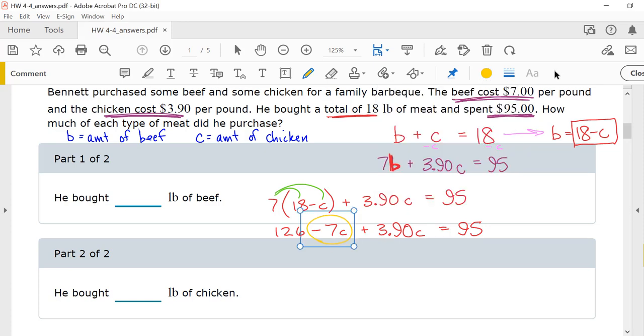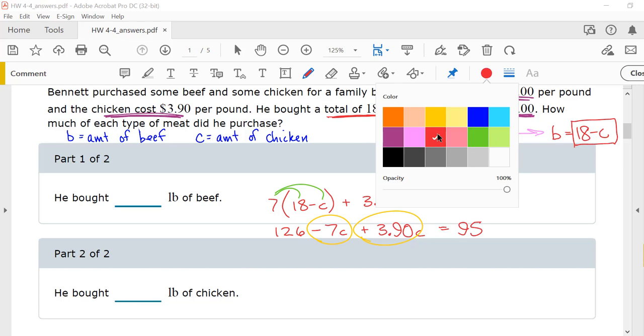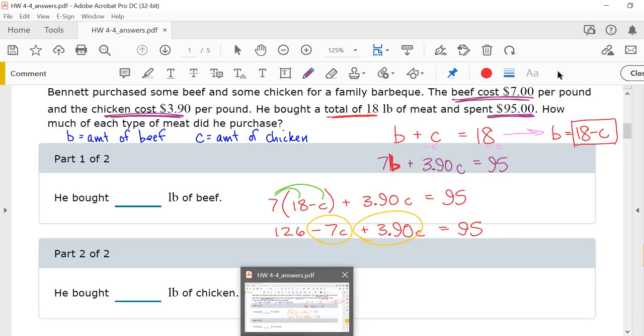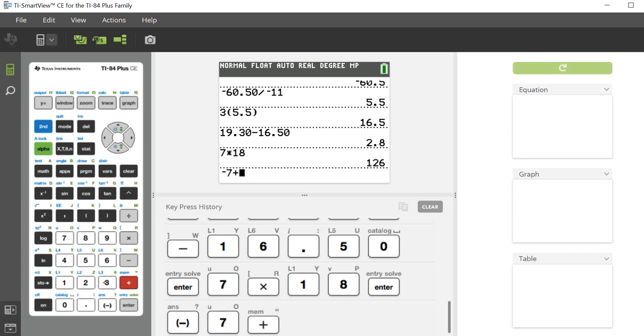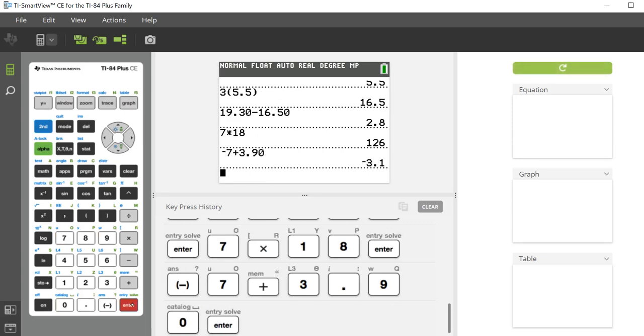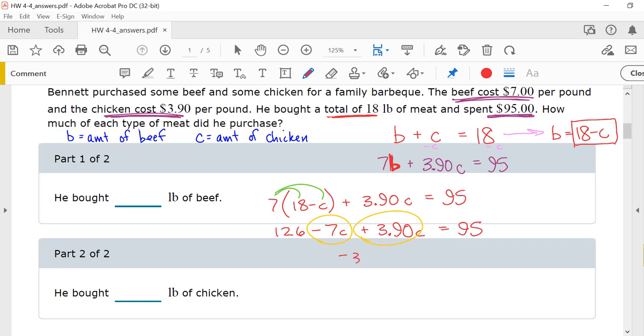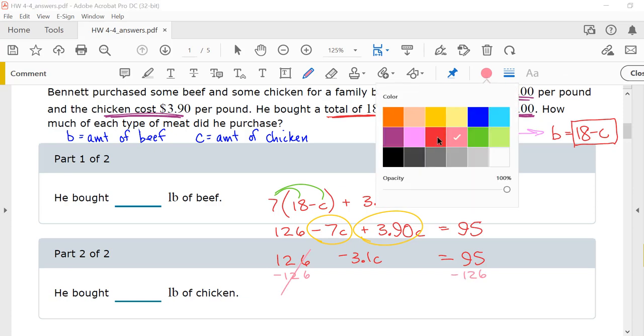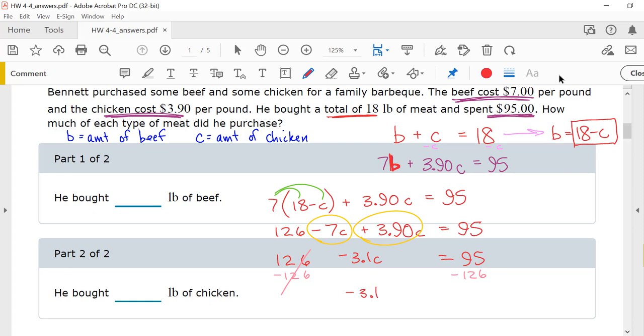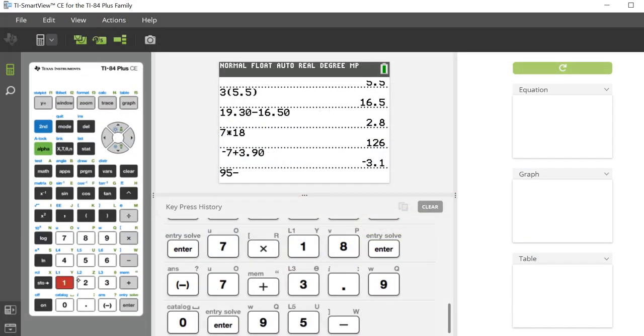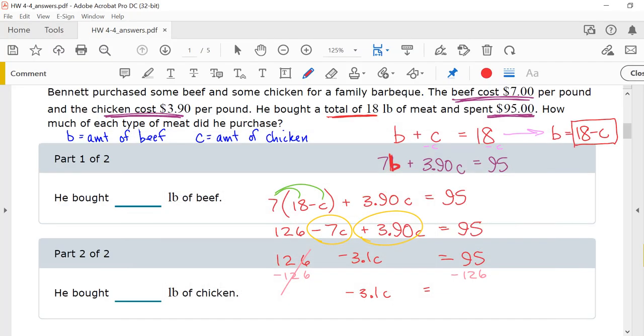Collecting like terms, negative 7C plus 3.90C, negative 7 plus 3.90 is negative 3.1. I still have the 126 equals 95. Subtracting 126 from both sides, I get negative 3.1C equals 95 minus 126 is negative 31.